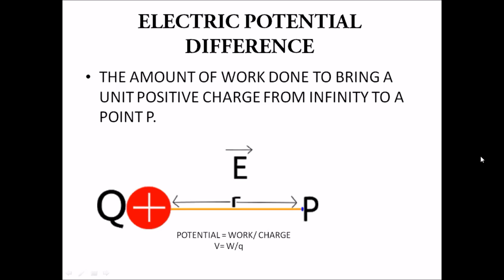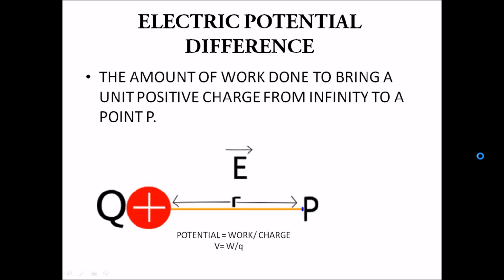This work done per unit charge is termed potential. Potential difference between 2 points is similarly work done to bring a unit positive charge from one point to another point. In layman language, potential difference is called voltage and its unit is volt.